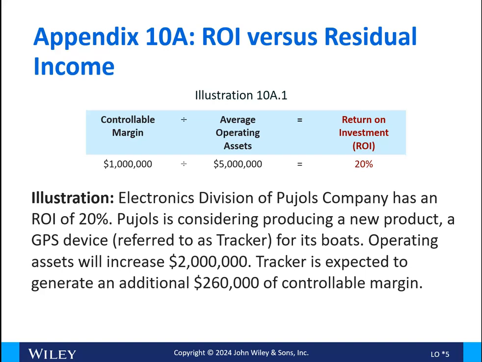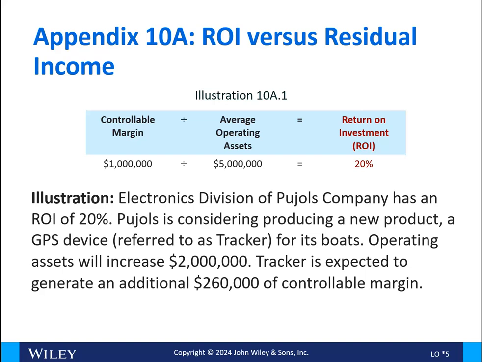This division of Pujols Company has a ROI of 20%. They're considering producing a new product, a GPS device referred to as Tracker for its boats. Operating assets will increase $2 million. Tracker is expected to generate an additional $260,000 of controllable margin.